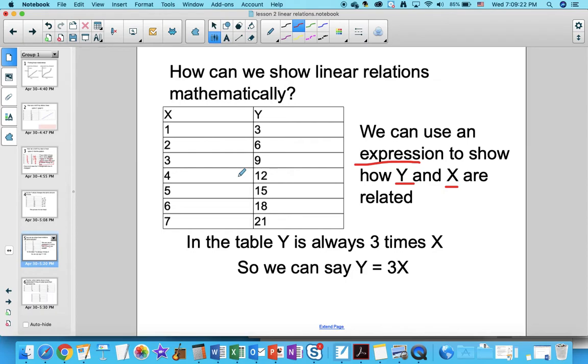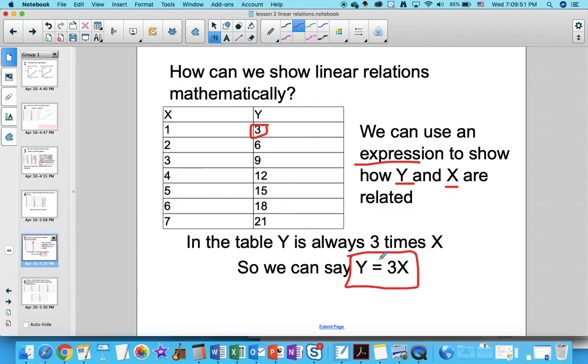You may notice that y is always 3 times whatever x is. 1 times 3 is the y. 2 times 3 is 6. 3 times 3, 9. 4 times 3, 12. 5 times 3, 15. So you could just say y is always 3 times x, x being whatever's here, and y being whatever's here.